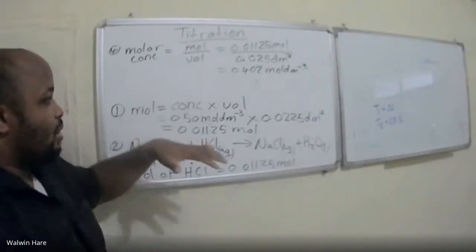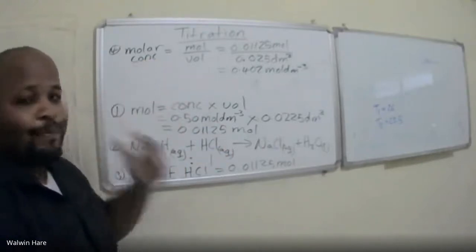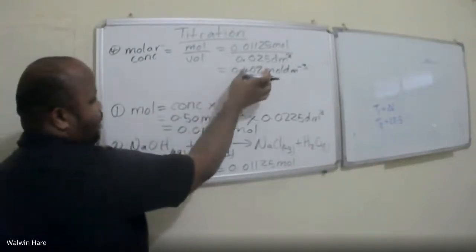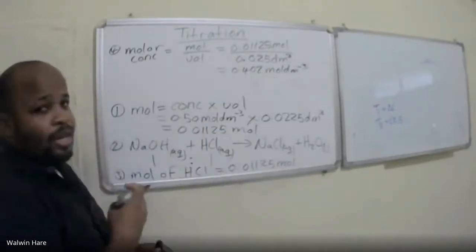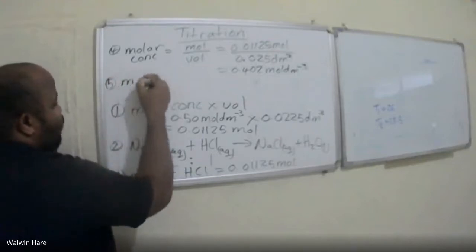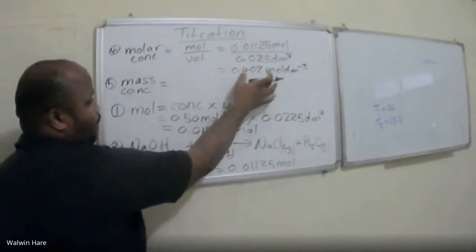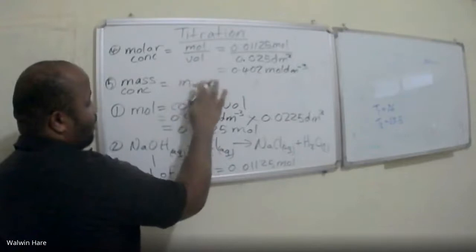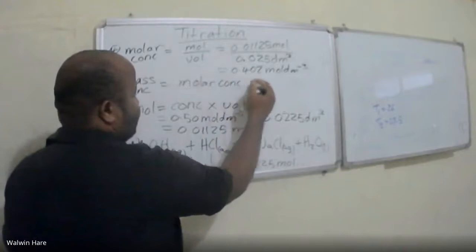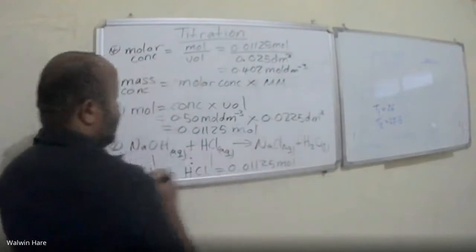But if the question asks you to find the molar concentration and then the mass concentration, you can just go ahead and multiply the molar concentration by the molar mass of the substance.